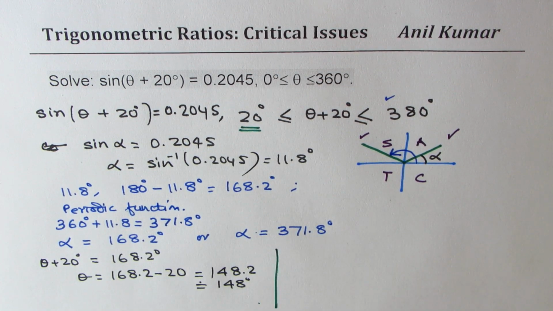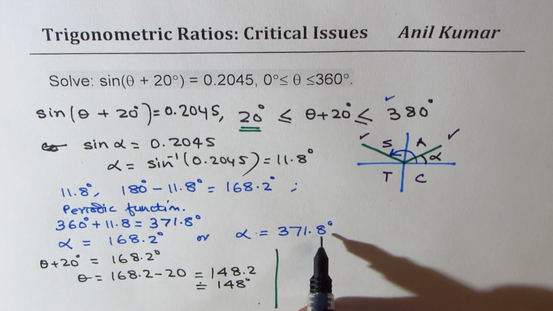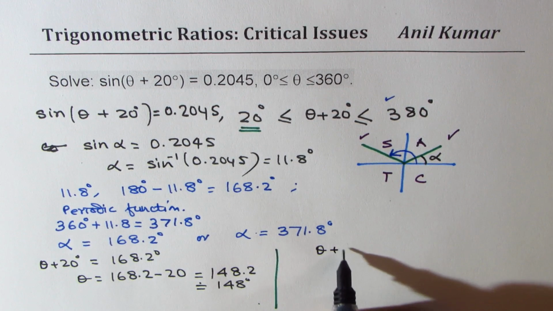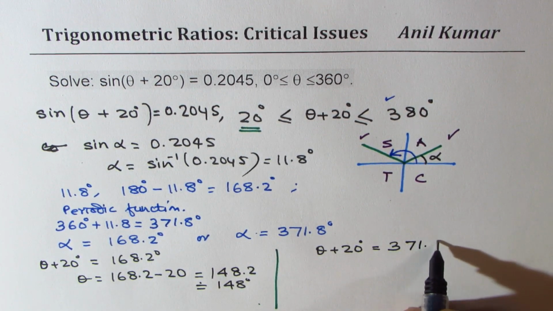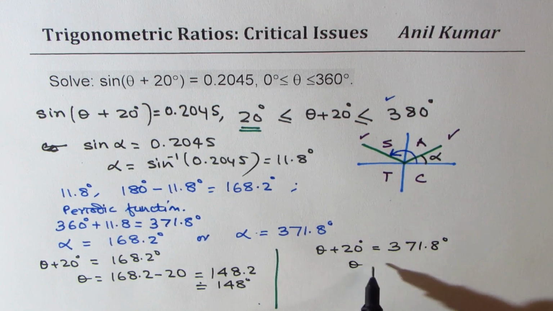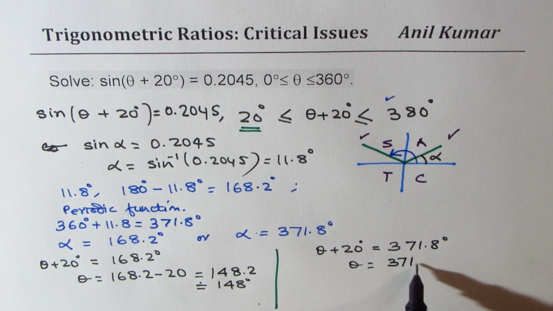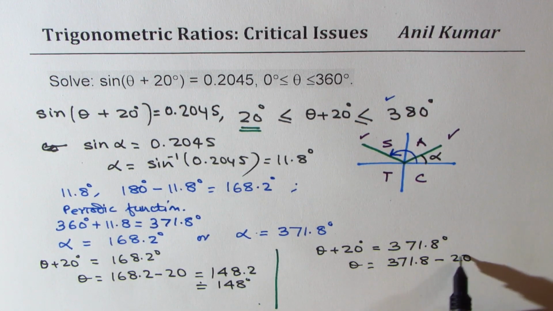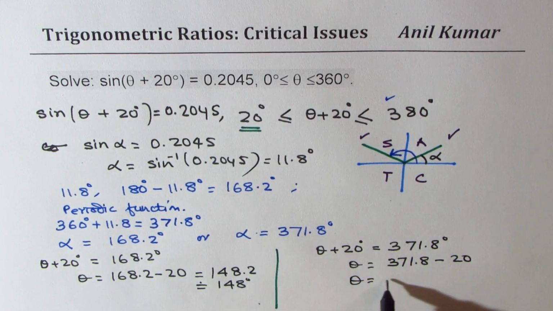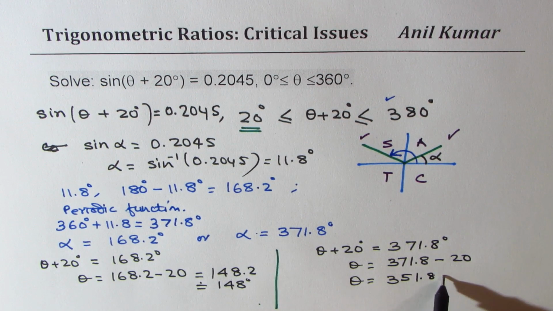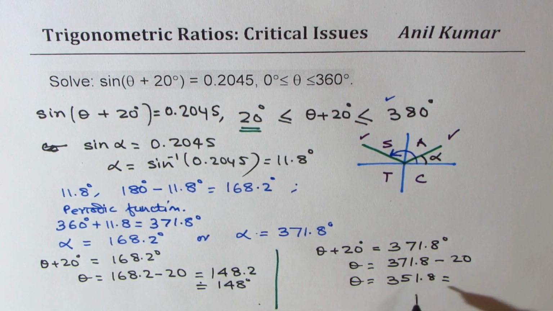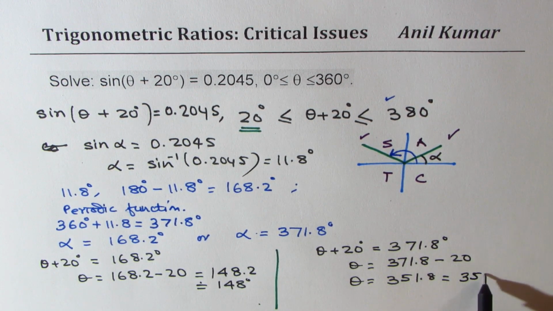The other answer we can get from 371.8. So theta plus 20 degrees equals 371.8 degrees. So theta equals 371.8 minus 20, which gives us 351.8, or 352 degrees rounded to a whole number.